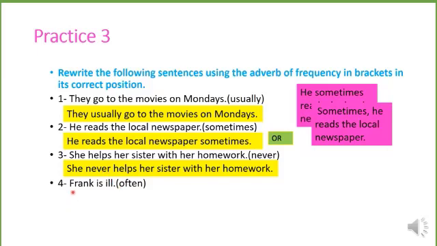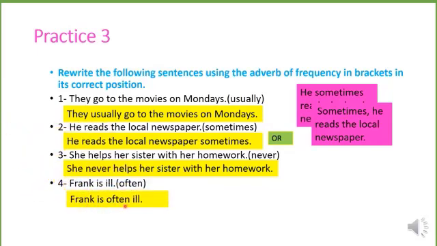The last sentence, Frank is ill often. Let us use often as an adverb of frequency with this sentence. Frank is the subject, is the verb, which is verb to be. And you know that adverbs of frequency should come after verb to be. Let us see.